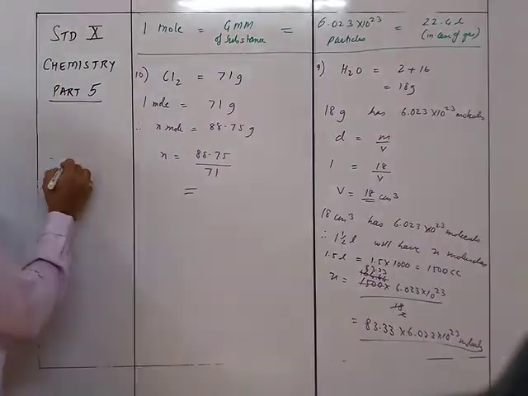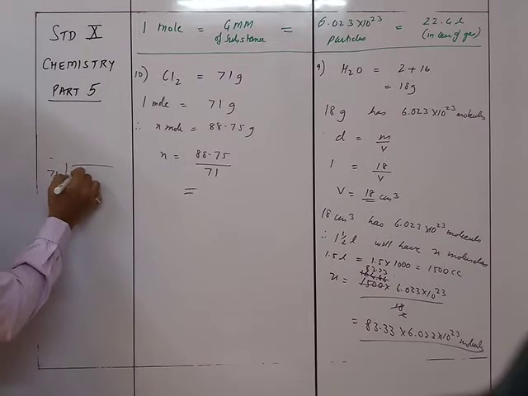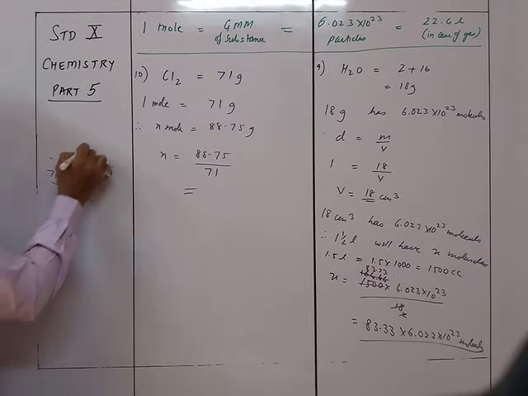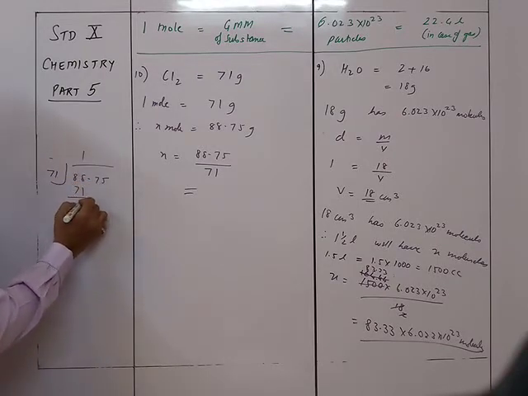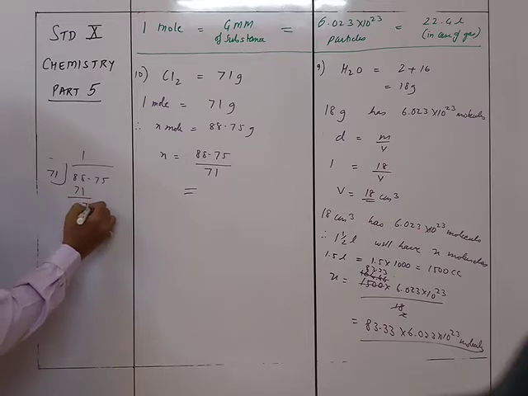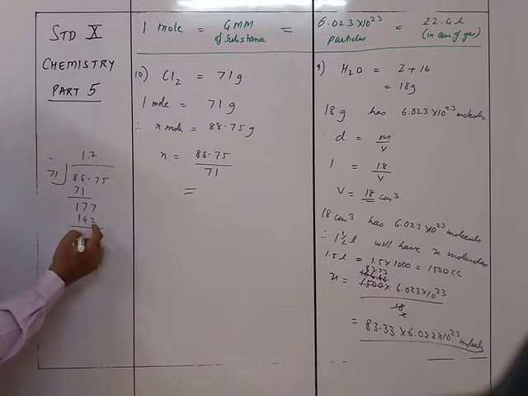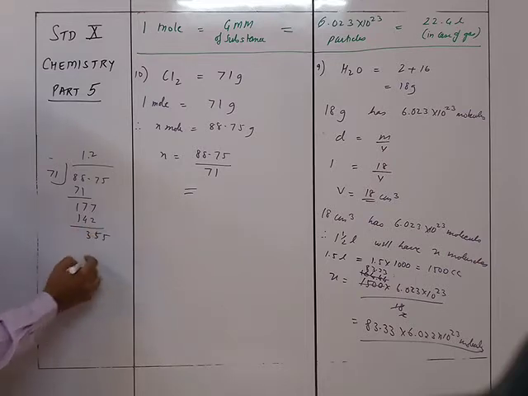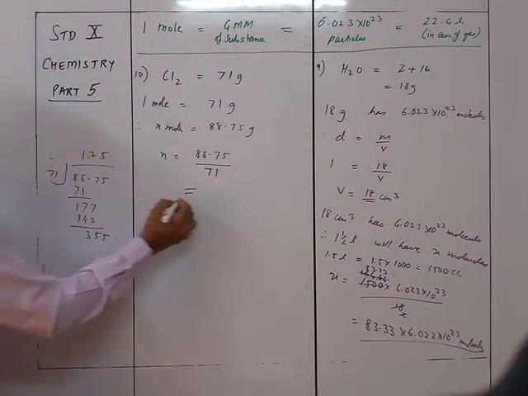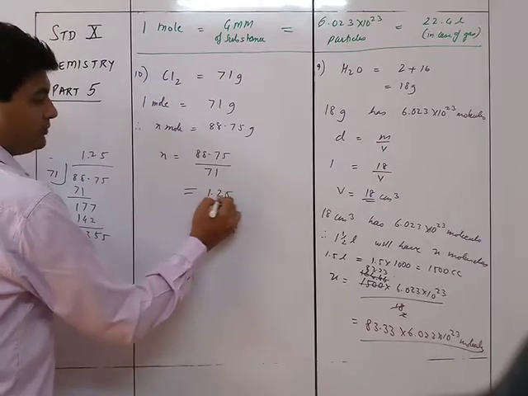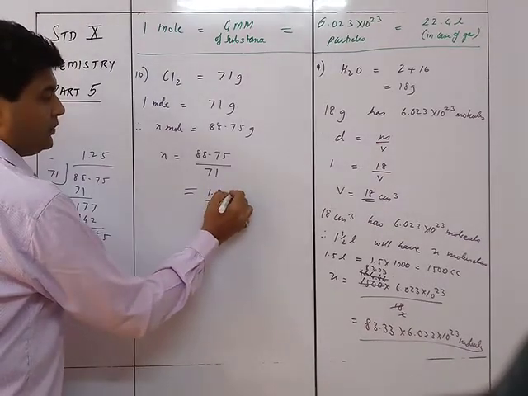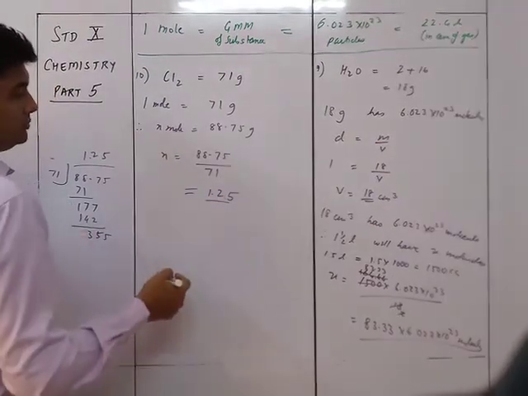That's 71 and 88.75. 2s are 142, and then this will be 5. So it is exactly 1.25. Okay, it is 1.25.